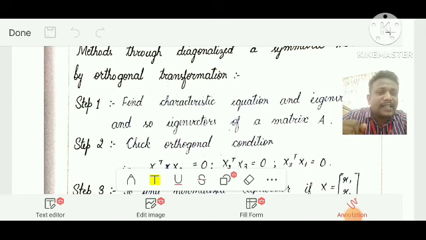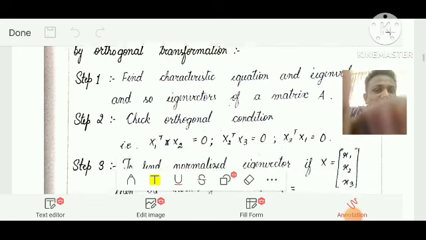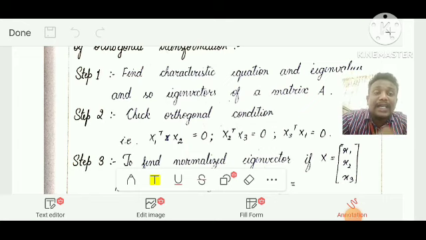The first thing, we need to calculate the characteristic equation. The second thing, we need to find the eigenvalues from the characteristic equation. The third thing, by using the eigenvalues we have to get eigenvectors. After getting the eigenvectors we have to verify whether they are correct or wrong.